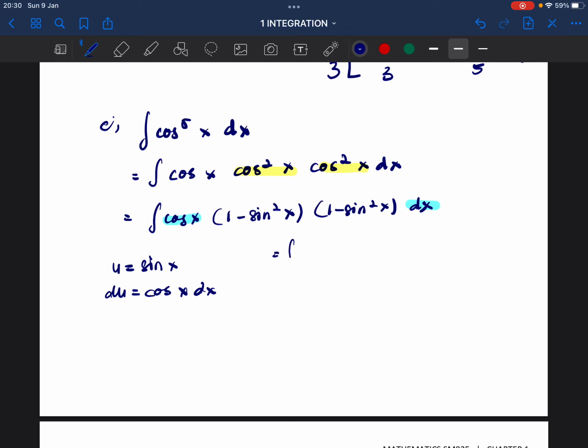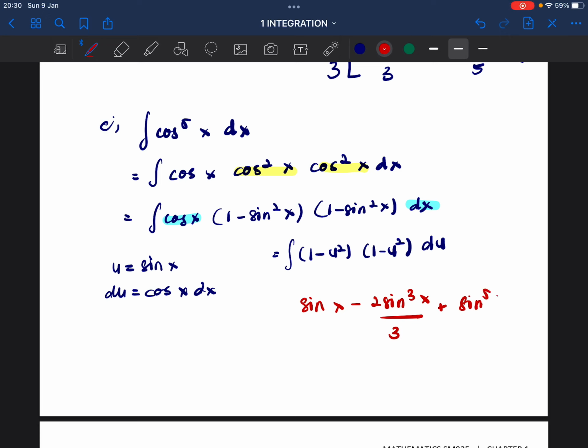So here we will have 1 minus u square, 1 minus u square, everything is du. Okay, so boleh sambung buat sendiri. The final answer is sine x minus 2 sine cube x over 3 plus sine 5 x over 5.